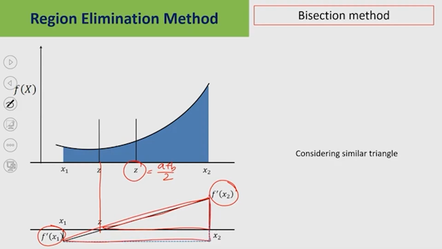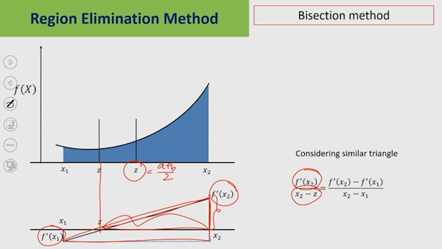So, if I consider these two similar triangles, I can write f dash x2 divided by x2 minus z. I need to calculate the value of z here. So, this is from the first triangle, that is f dash x2, and this is x2 minus z.